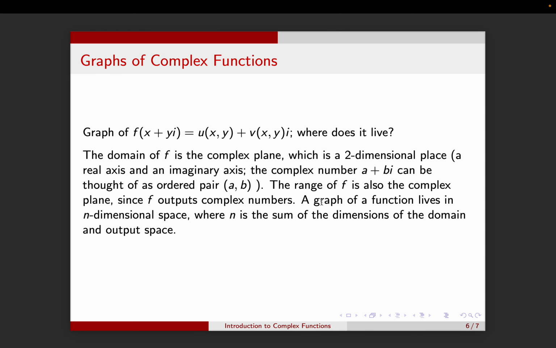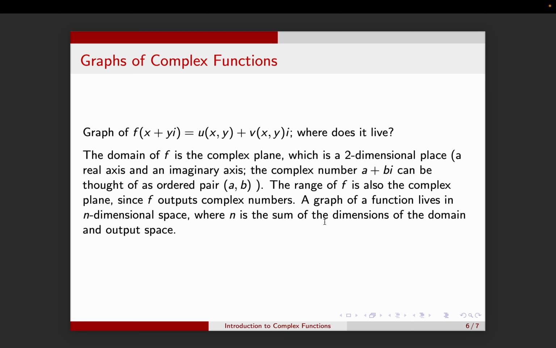And so this is just a general observation here that a graph of any kind of function, complex or not, lives in n-dimensional space where n is the sum of the dimensions of the domain and the range, basically. You take the number of dimensions of the domain and the number of dimensions of the outputs, the range, and add those together.